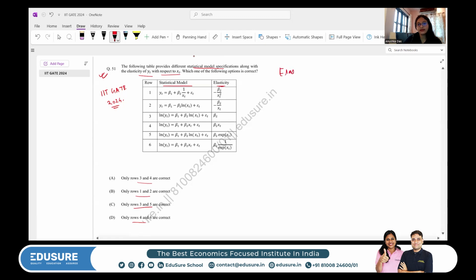What is the elasticity? Elasticity is nothing but the percentage change in YT upon the percentage change in XT, right? So this is what you have as the elasticity.